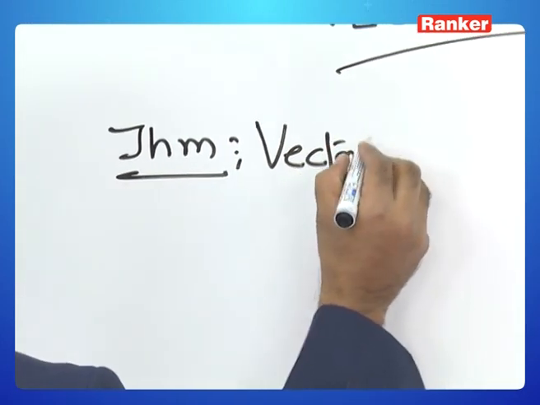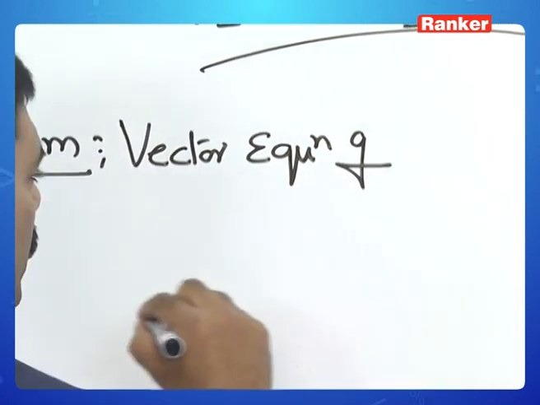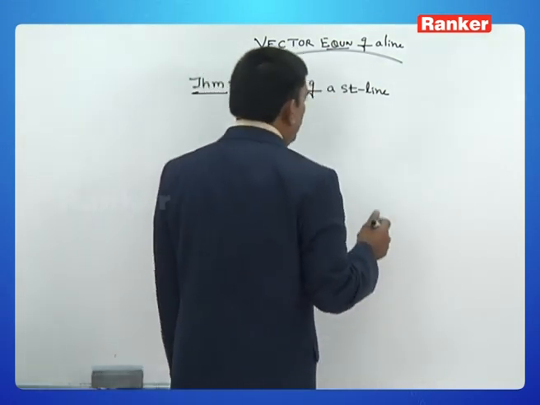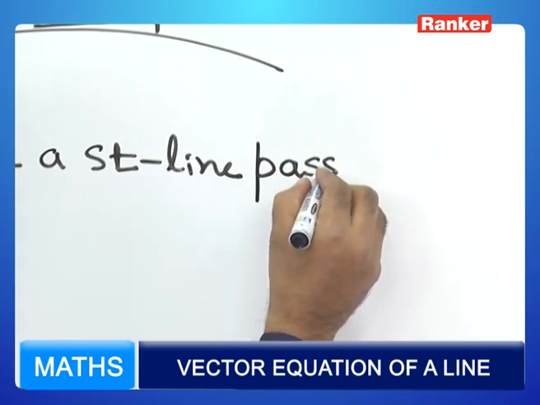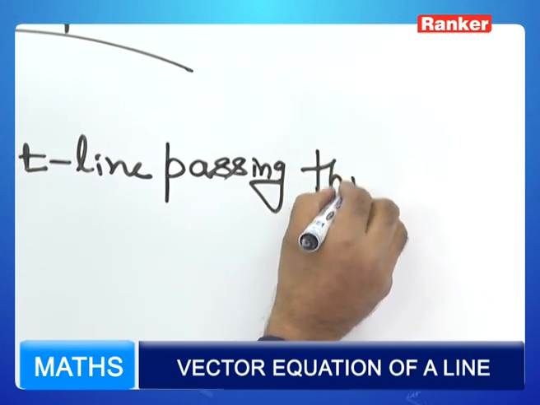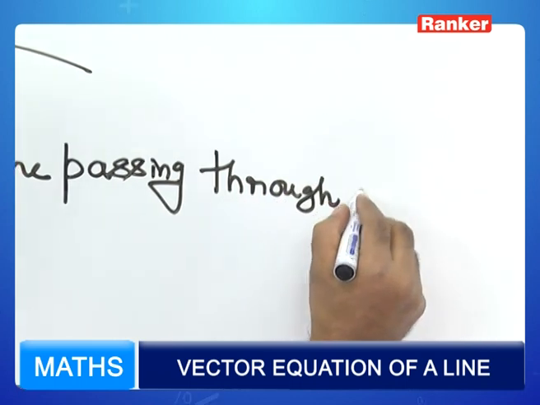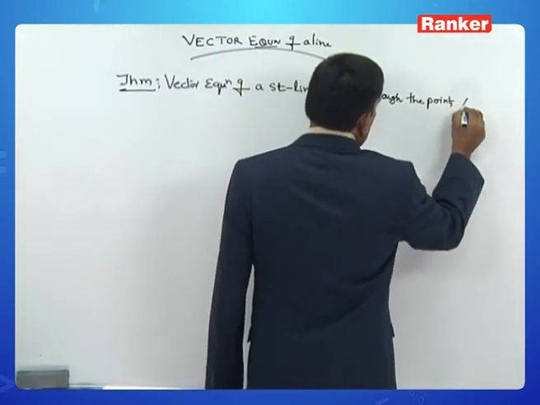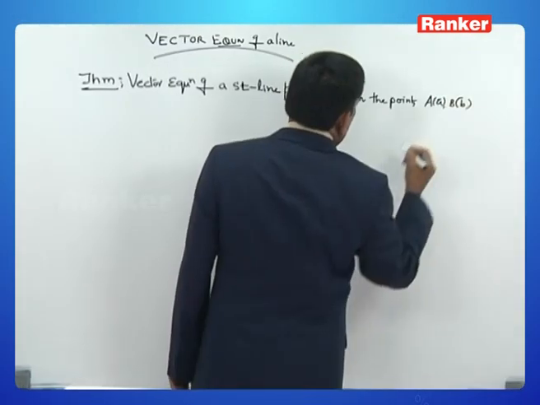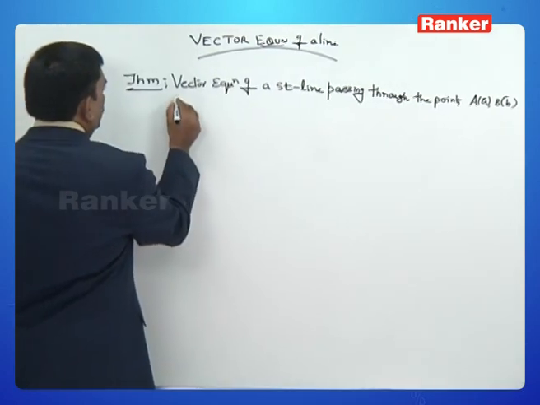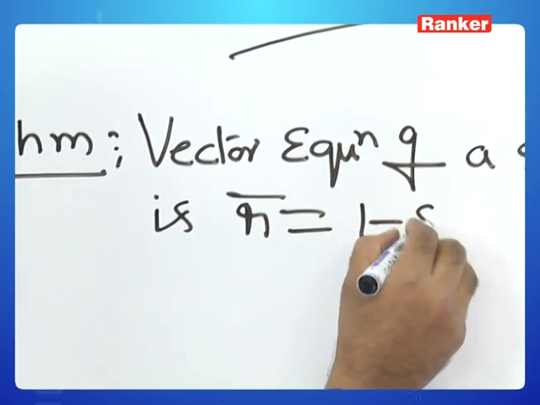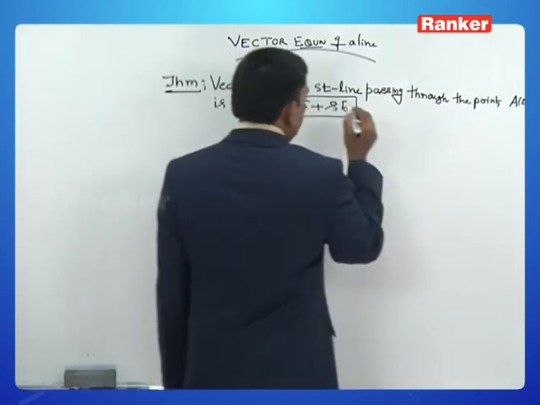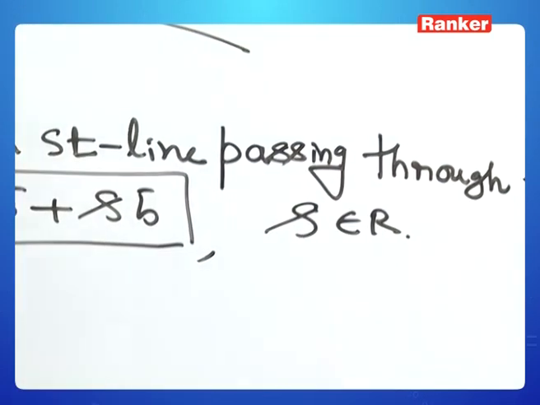The vector equation of a straight line passing through the points A of A bar, B of B bar is R bar is equal to 1 minus S into A bar plus SB bar, where S is a scalar.